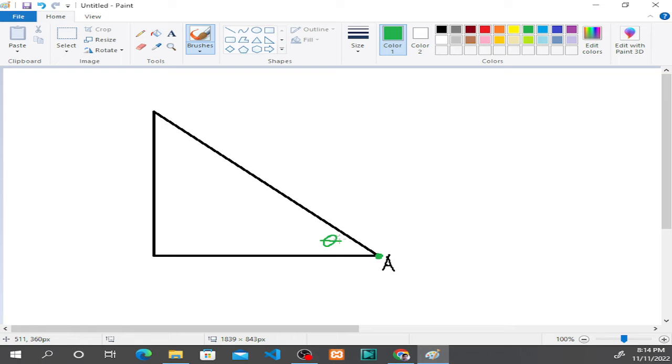So the opposite side of angle theta is the side furthest away from it. This is the side that is opposite angle theta, and this is the farthest side with respect to where you are looking. So the opposite side is this side, and you will name it the opposite side.